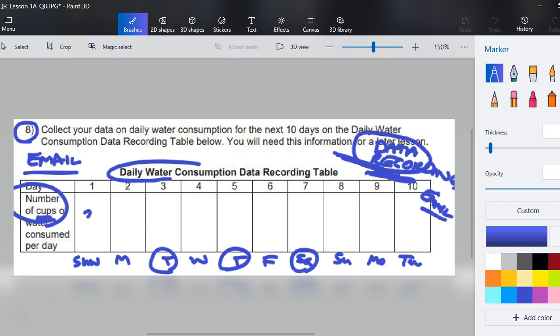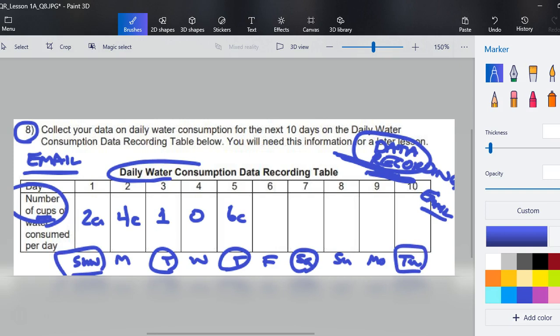So maybe on Sundays, I drink 2 cups of water. But on Mondays, I'm at school and I'm better at water and I drink 4 cups of water. Then maybe I tank on Tuesdays and it's really bad on Wednesdays, but then I feel guilty and I start drinking more on the next day. Whatever it is, write down your 10 days, and I'm asking you to treat it like a Sunday to begin with, and then you end on a Tuesday, and email those to me.